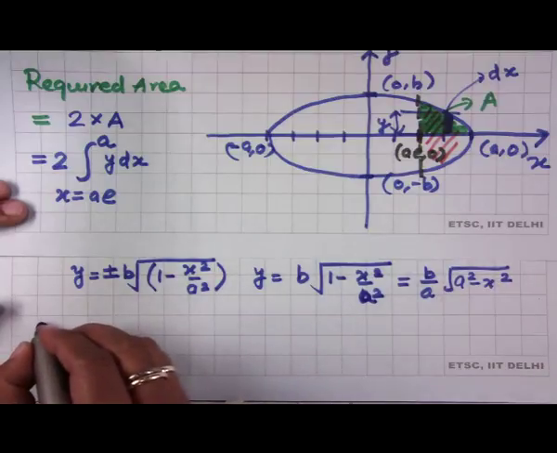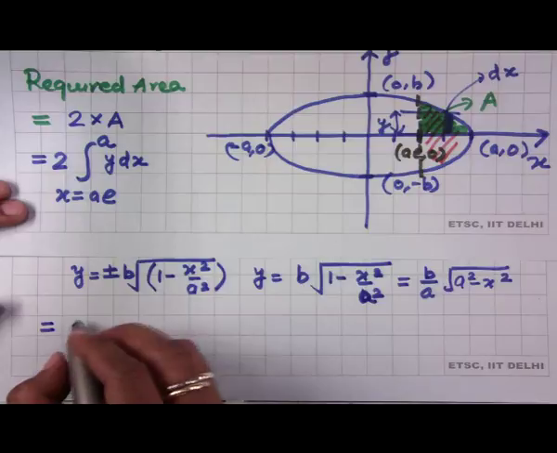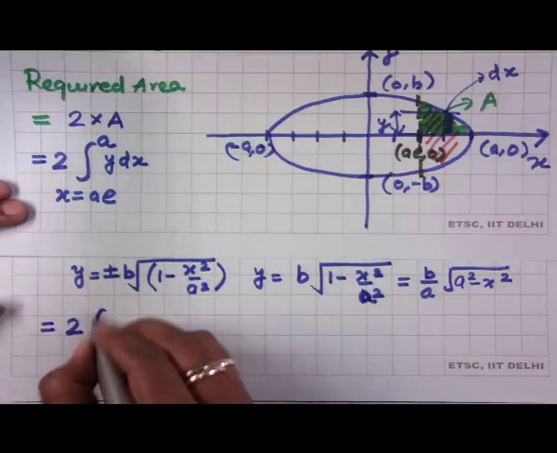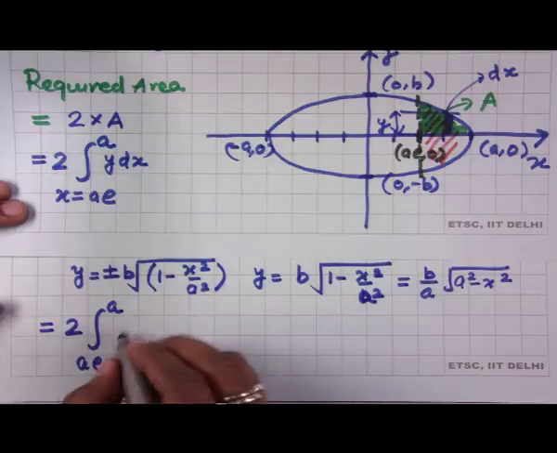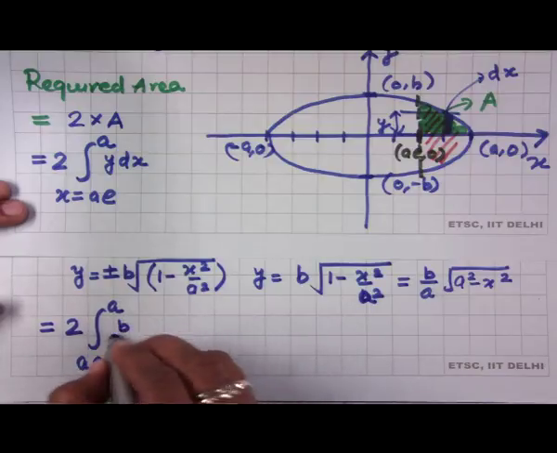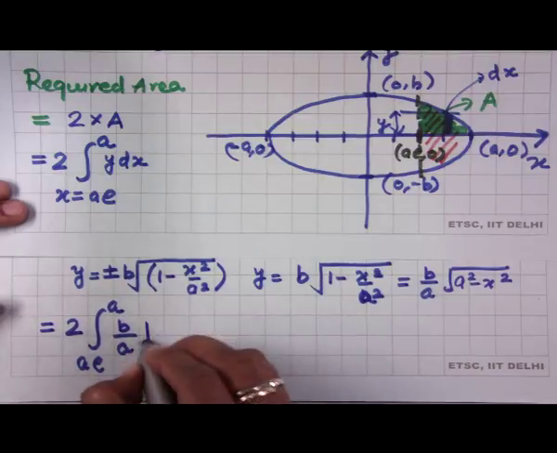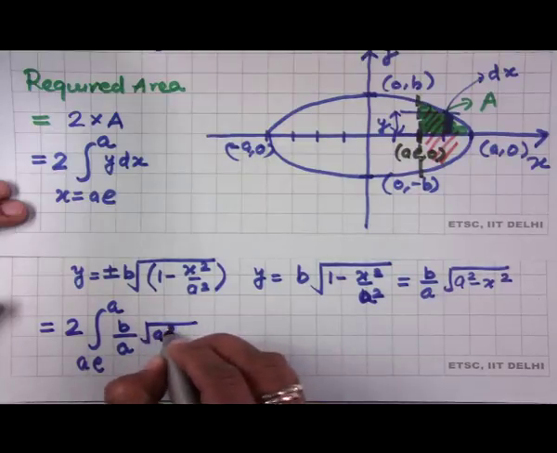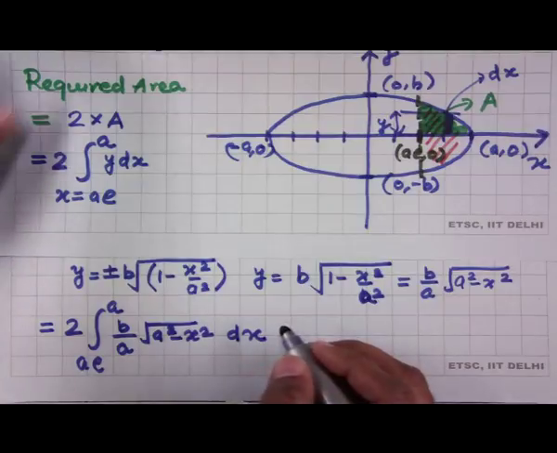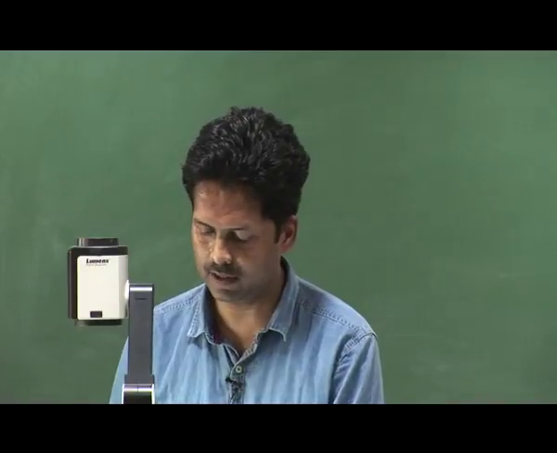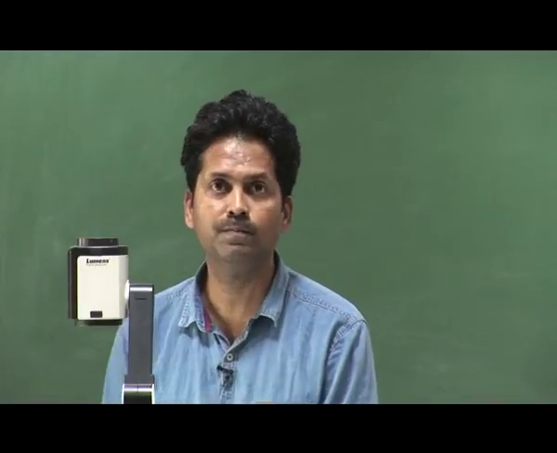So, the required area is therefore 2 times the integral from ae to a of b by a under root a square minus x square dx. Let us solve this integral and get the value.